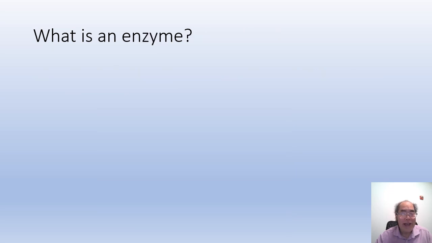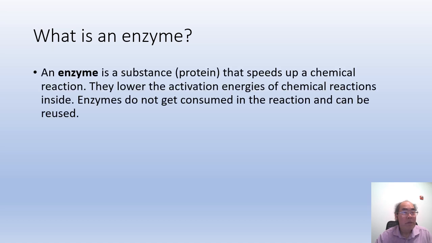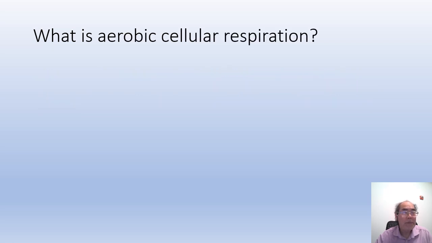What is an enzyme? Please answer. An enzyme is a substance, usually a protein, that speeds up a chemical reaction by lowering the activation energy of chemical reactions. They do not get consumed in the reaction and can be reused.